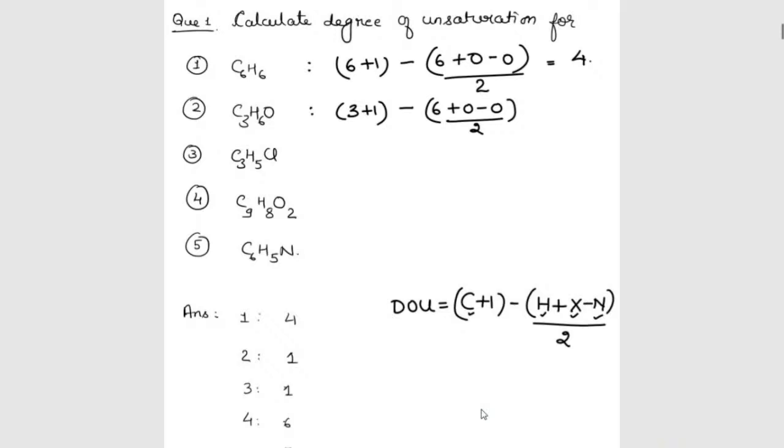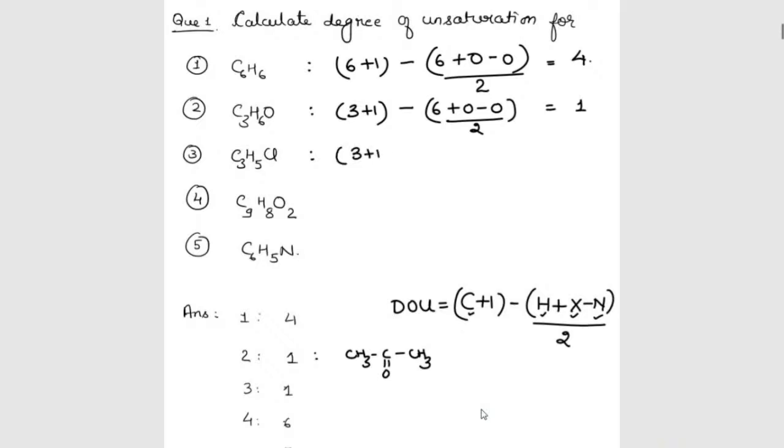Okay, so it is coming 4 minus 3, that is 1. So basically the answer for 2 is 1. If you see, it is some carbonyl possibility or any other molecule also, like unsaturated alcohol, ether, but it has 1 pi bond.